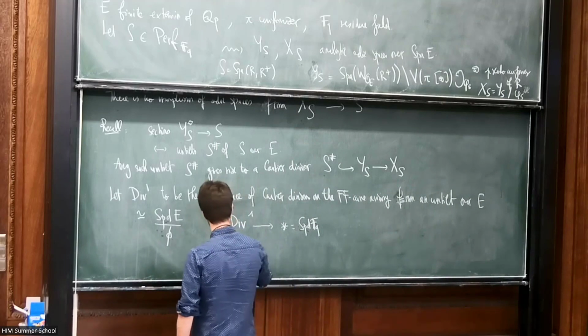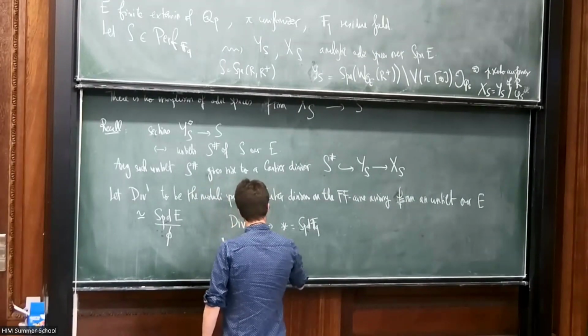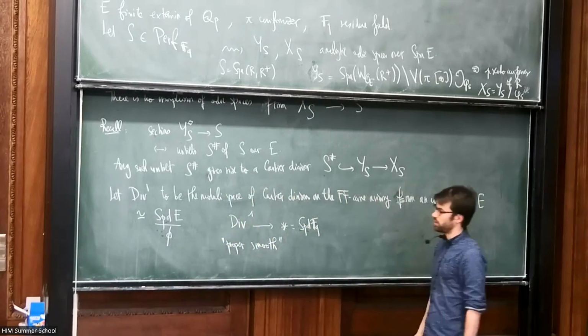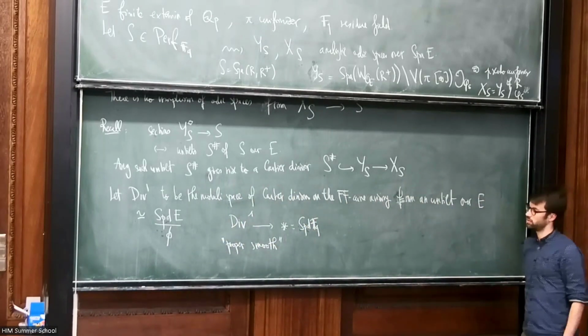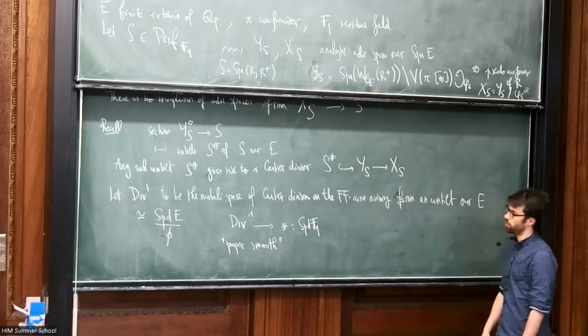So this is proper and smooth in some sense. In this world of diamonds, you can make sense of being proper and of being cohomologically smooth, and this object has these two properties.